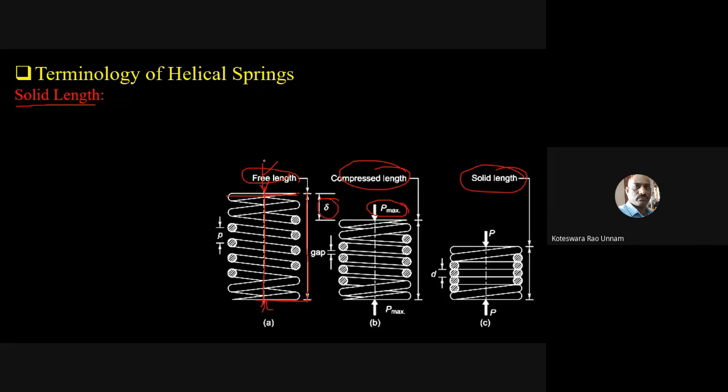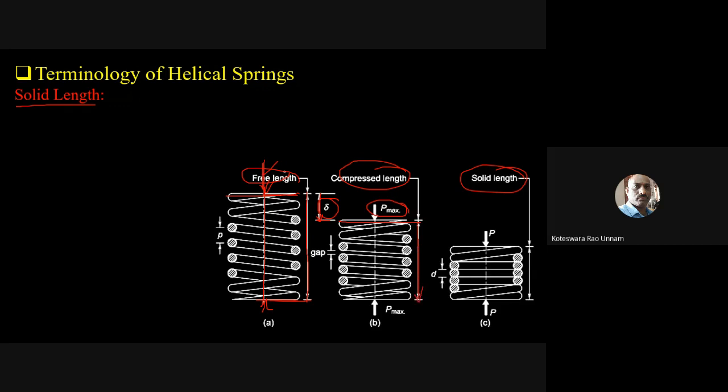Now we are applying a force to the spring. If we gradually increase this force, the spring is going to compress. So this much is the compression of the spring from the free length. Then the remaining length we'll call the compressed length of the spring.